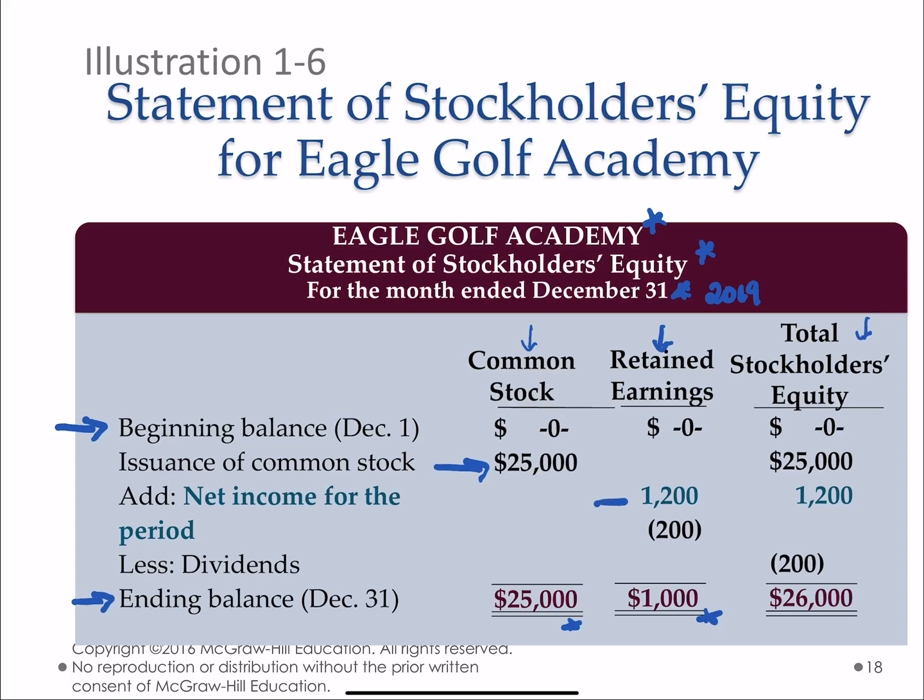Next, we had income. That increased retained earnings. And then we had dividends. Remember, dividends are where we give people back, people that own the company, a little bit of money. So showing those transactions takes me from the beginning of the year to the end of the year. That's all the statement of stockholders' equity is.